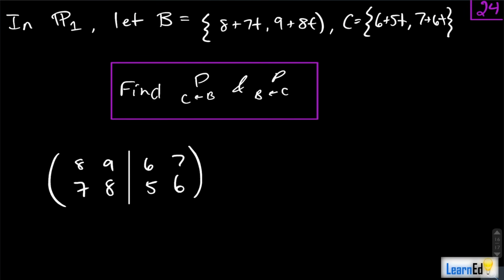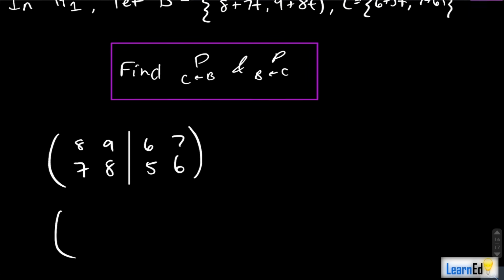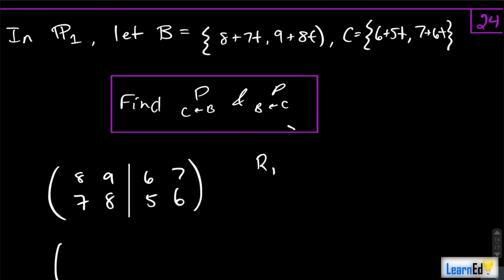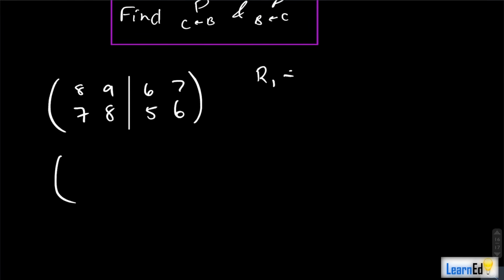What we do have to do here is we can just subtract the second row from the first row. Okay, so if we do that, we can't just replace R2 with R1. We'd have to do R1 equaling R1 minus R2. There we go. That's something that we can do.